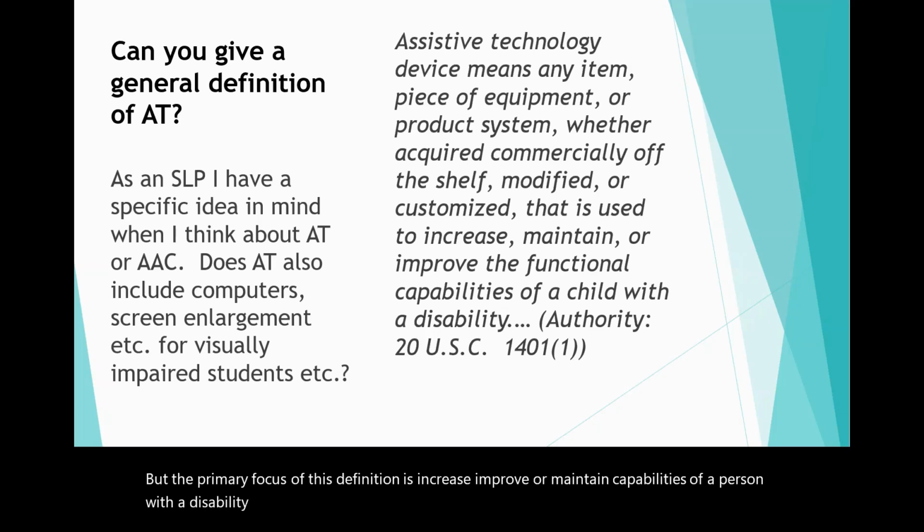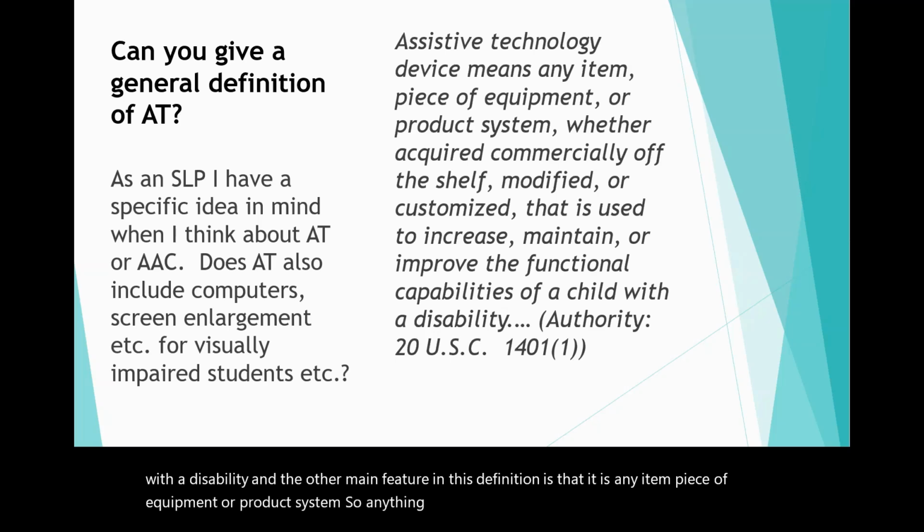And the other main feature in this definition is that it is any item, piece of equipment, or product system. So anything you can touch and see or at least watch operate could qualify as assistive technology.